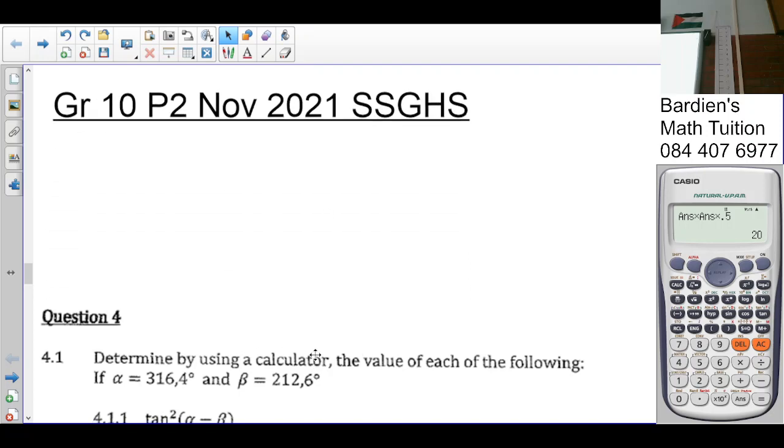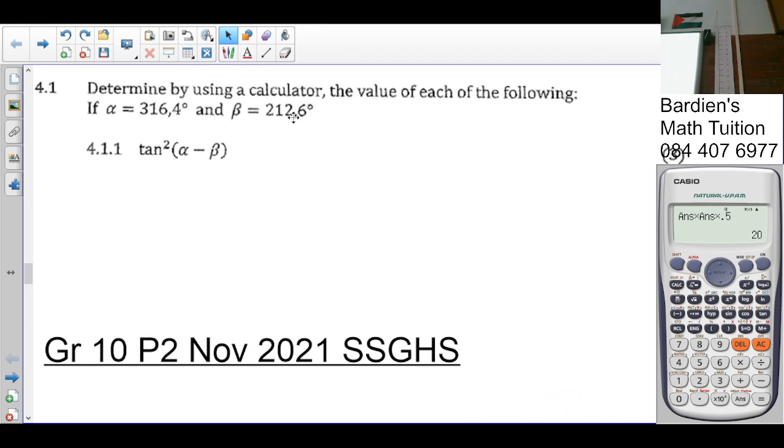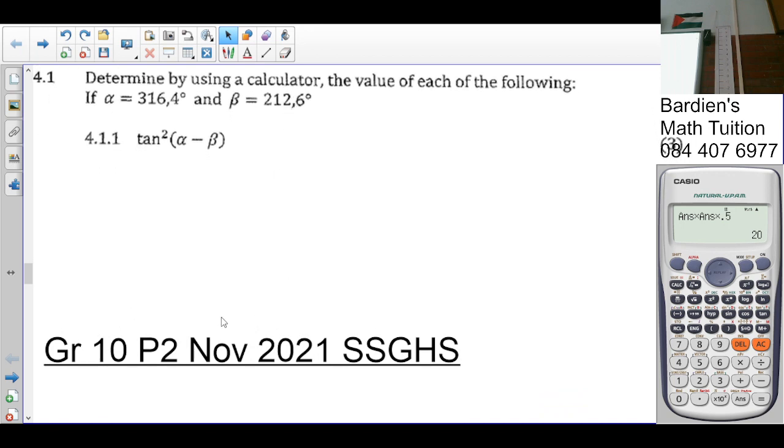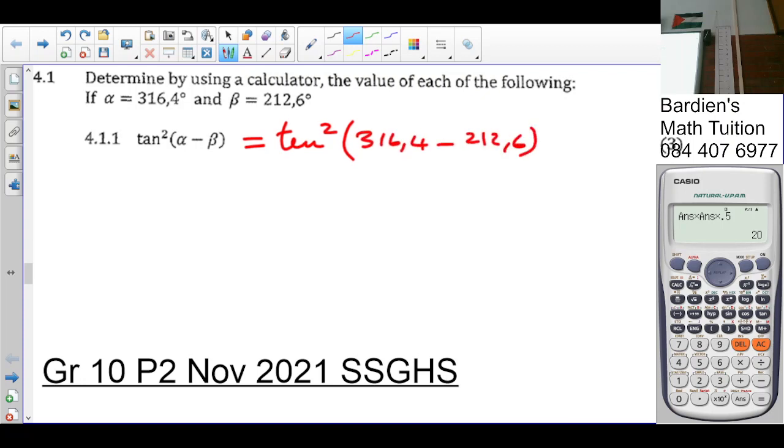Okay, then you did have to do question 4 as well, correct? So in question 4.1, they say determine by using a calculator the value of each of the following. So what I have to do here is tan squared alpha, which is 316.4 minus 212.6. Put that in the calculator. It's going to be open brackets, tan, 316.4 minus 212.6, close the brackets.